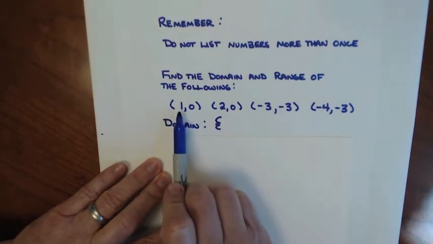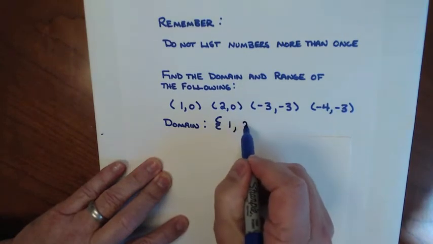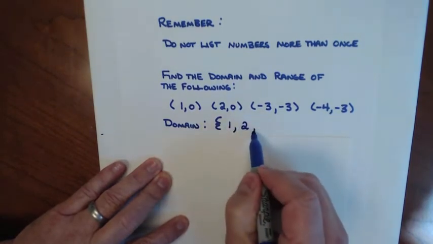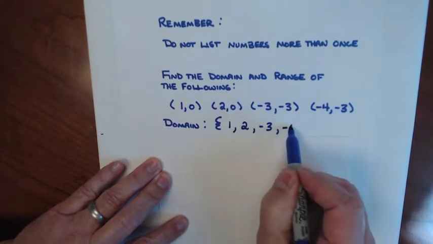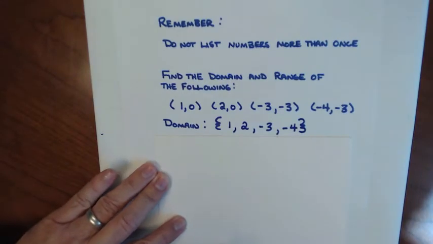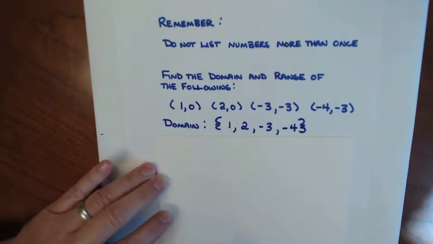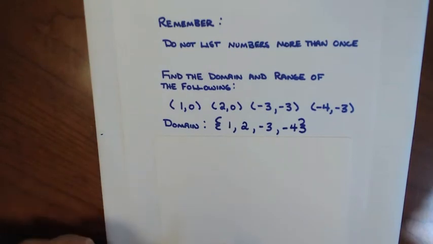This first point, my x value is 1. Next one is 2. Next one is -3. And the next one is -4. Those are the values that x can be. Therefore, that is my domain for this set of points right here.